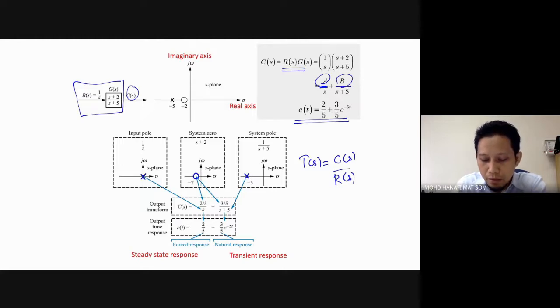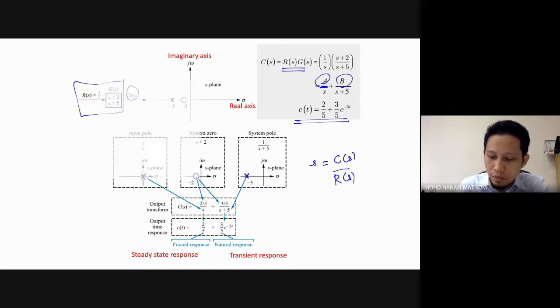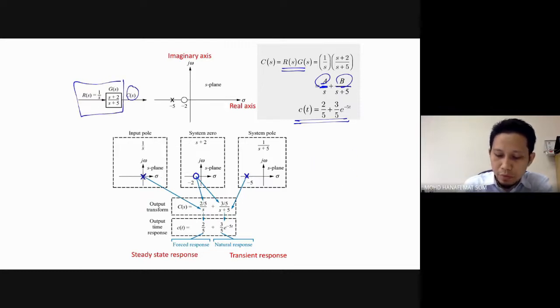Okay, so the output, when we represent it in the frequency domain or s domain, we have C(s) equals 2/5 over s plus 3/5 over (s plus 5).